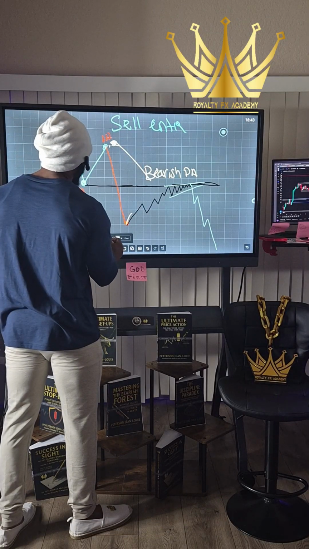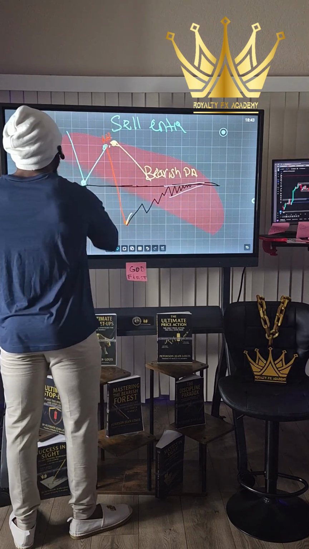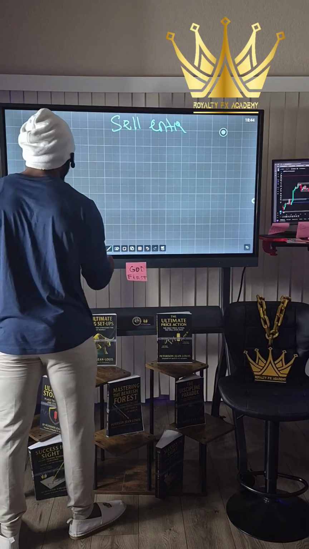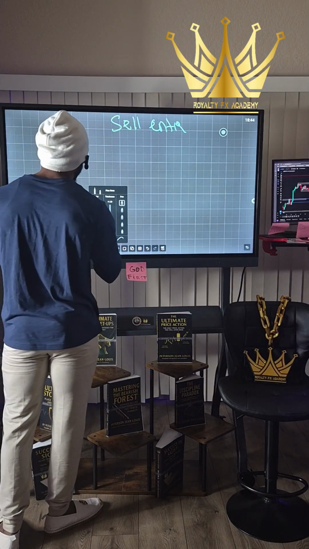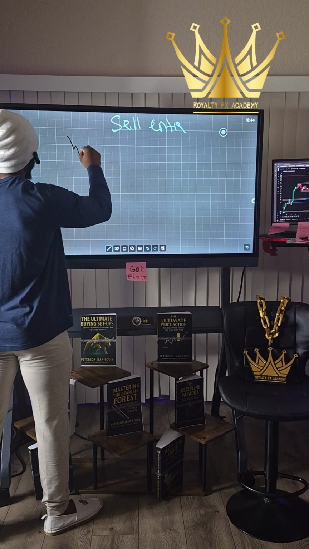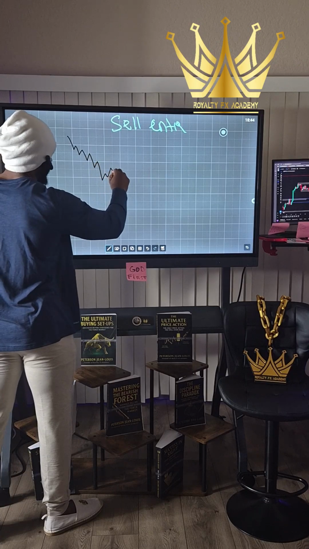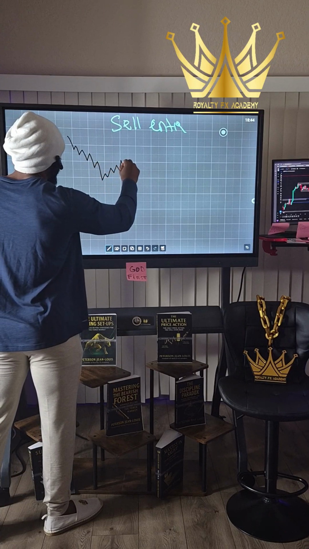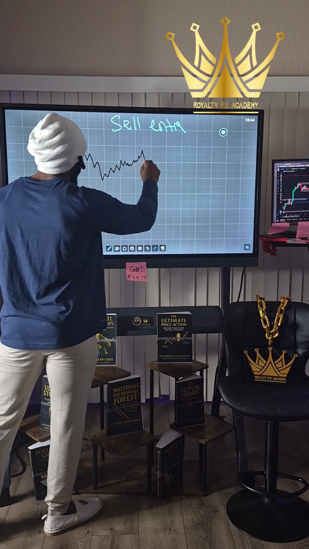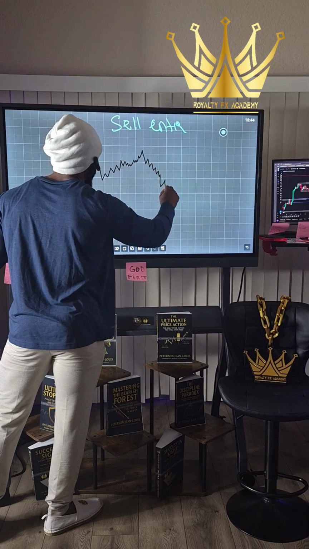So, other entries that we look for. Now, this is a downtrend with infrastructures, meaning where it's not as clean as you think it would be, but the market is falling like it's supposed to.